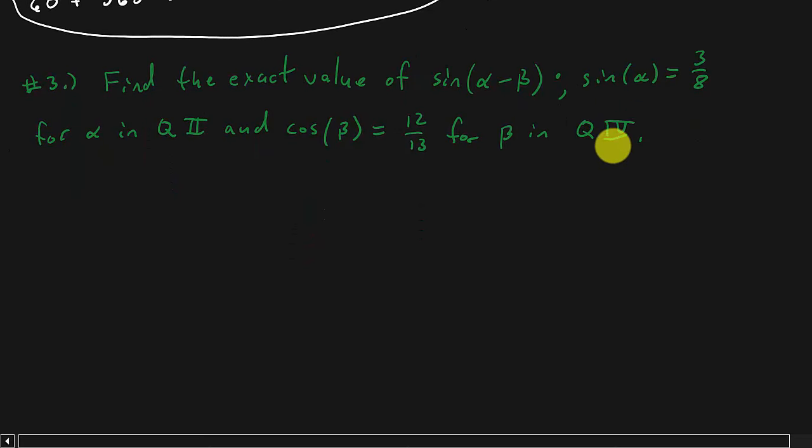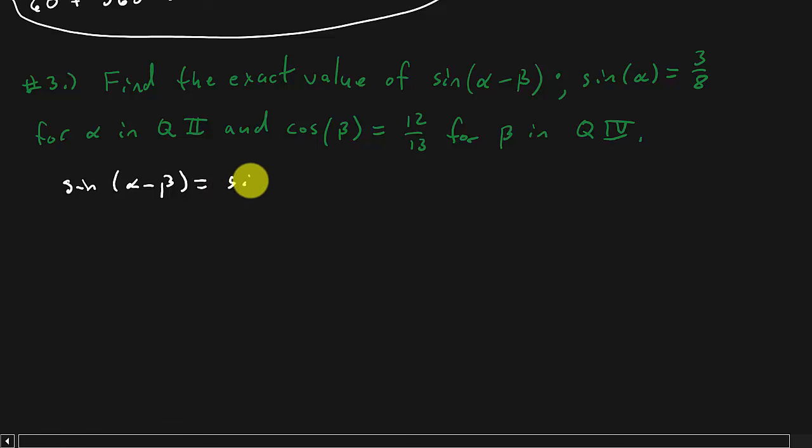All right. Now, let's look at this one. So they want us to find the exact value of sine alpha minus beta. The best thing to do here is just write down the formula.